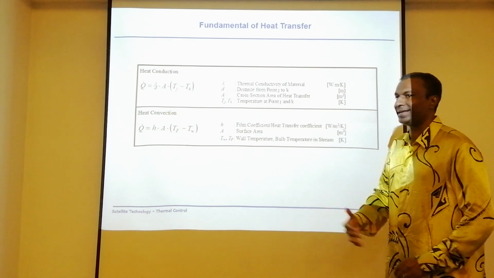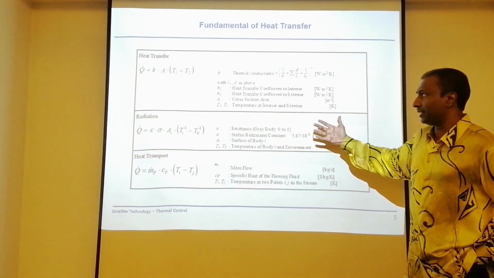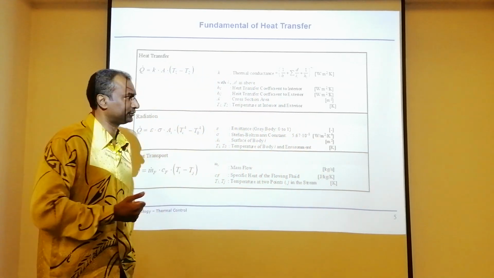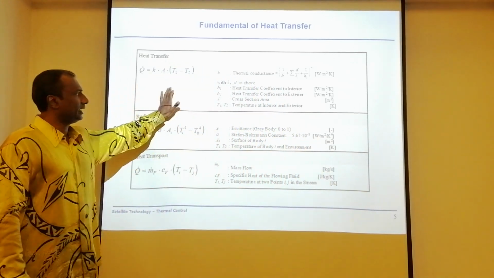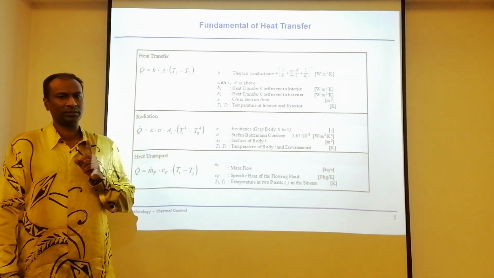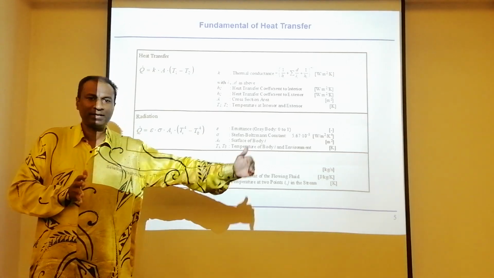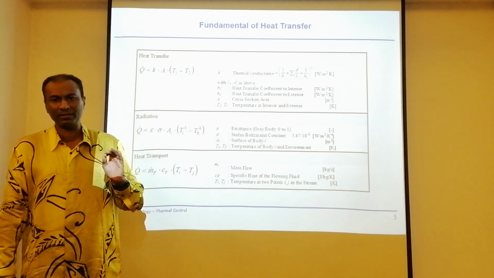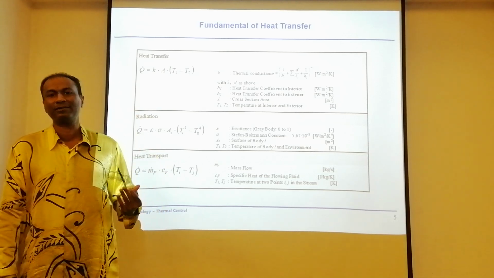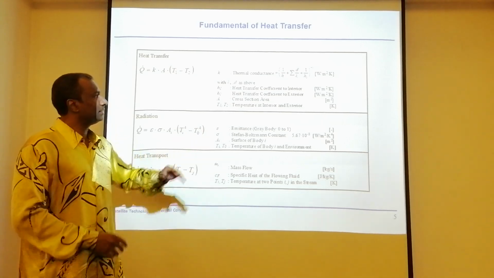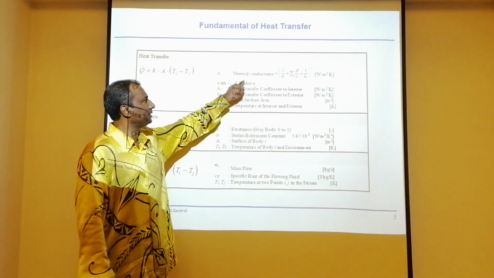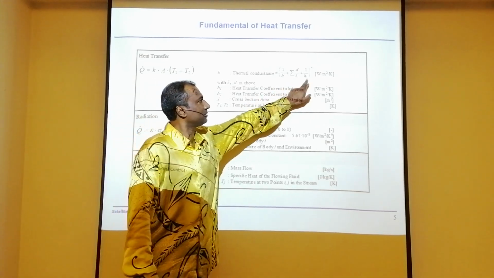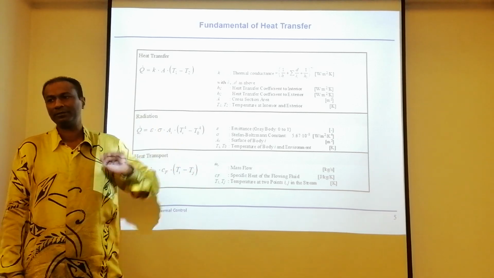And from here, we can extend to heat transfer. So what is heat transfer? Now, if I have not only one material but multiple materials, the formula that we have used for a single material can be extended to multiple materials just by redefining the thermal conductance with different kinds of materials.